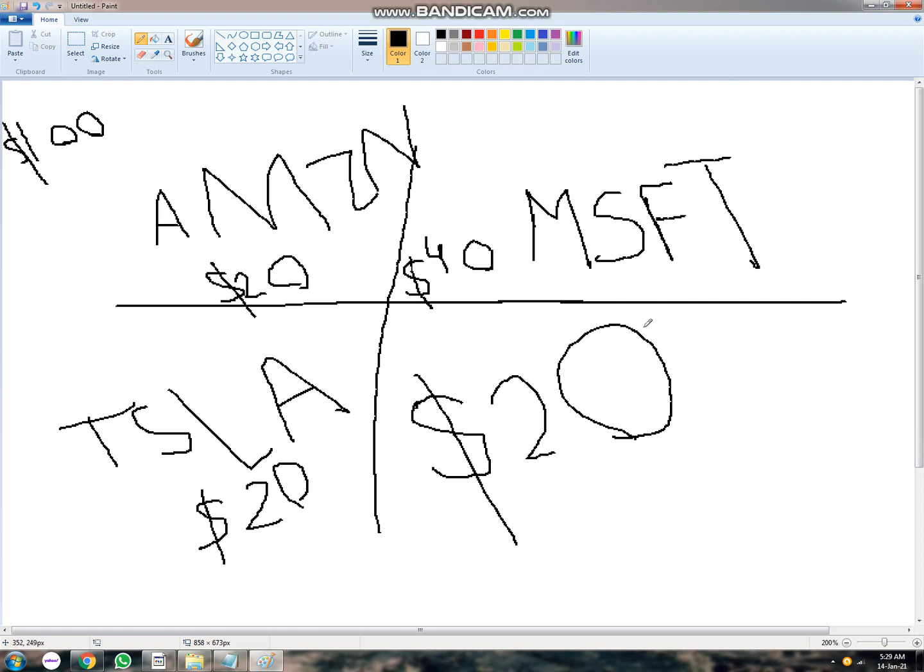Three for long position and one for short, or two for long, two for short. Because if two companies go up, this third might go down. And if you're investing in six companies, it might happen that two companies go up and four go down, and it will be difficult to manage. So always target a smaller portfolio, the smaller the portfolio, the bigger the profit.